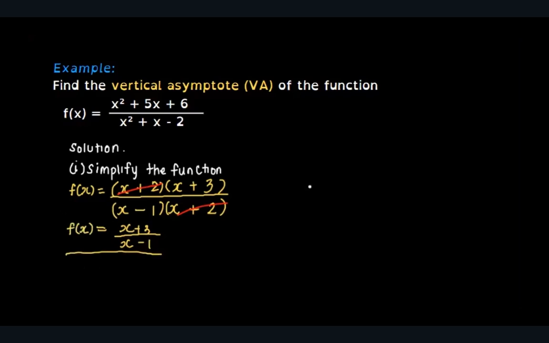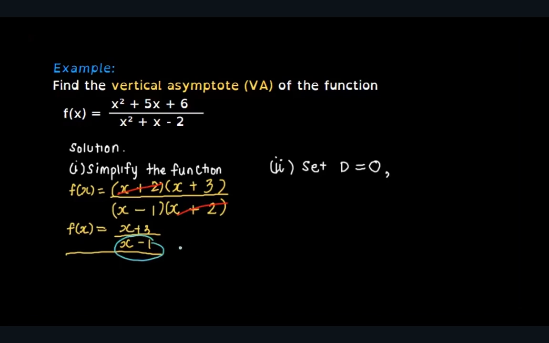So anong next step natin? Okay, the second step would be like this. The second step is we need to set the denominator equal to 0 in this case. Then later on, solve for x. Okay? Meron tayong denominator dito na x minus 1.